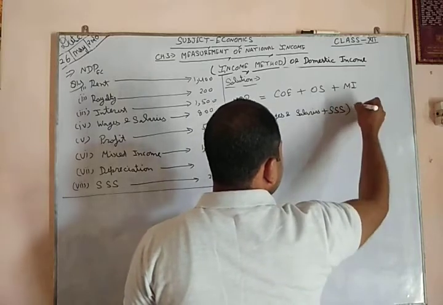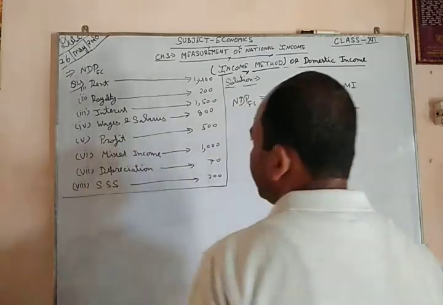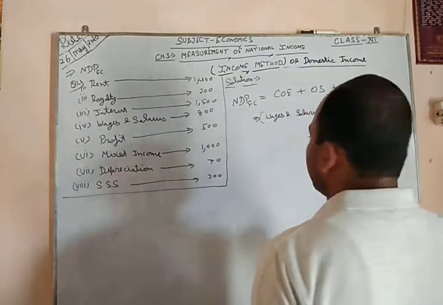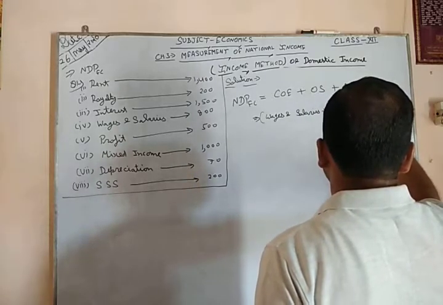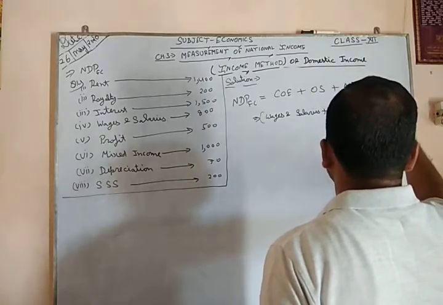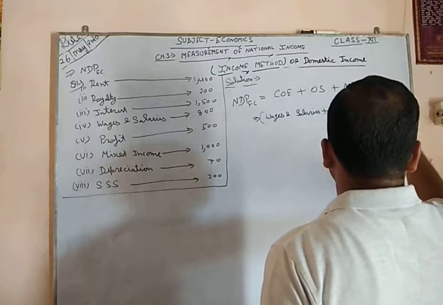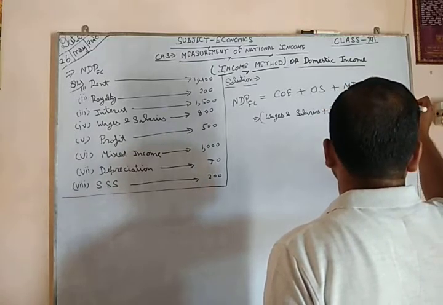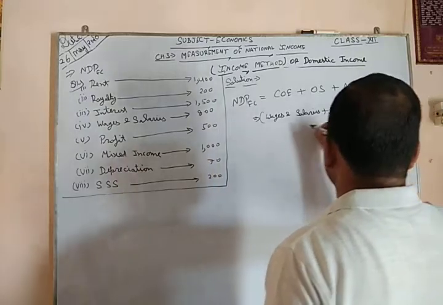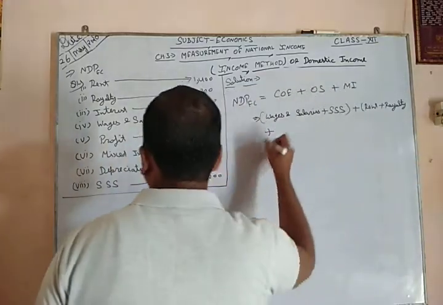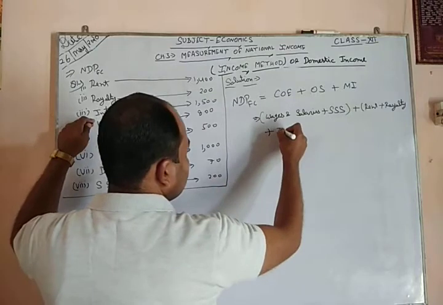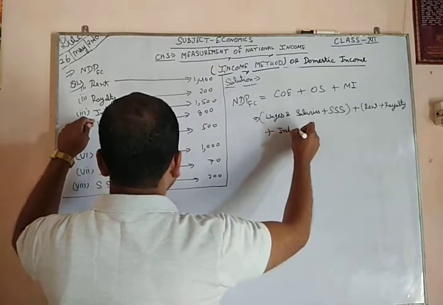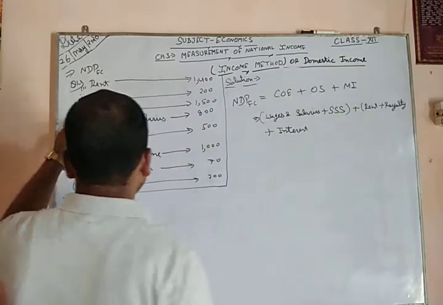This is COE. Plus, if we are talking about operating surplus, so in operating surplus: rent, royalty, rent plus royalty, plus interest is also, and profit.